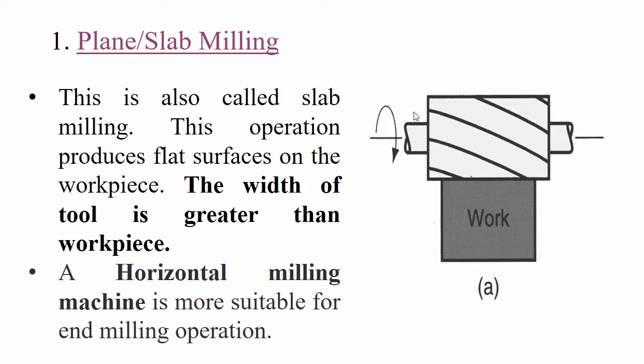The characteristics of all these operations come from the relative motion between the tool and workpiece. As we know, in milling operations the workpiece is clamped and does not move. Only the tool rotates, and the workpiece is fed against the rotation of the tool.